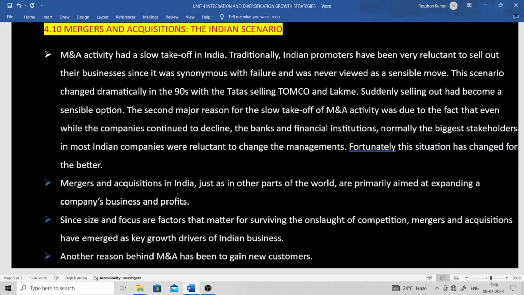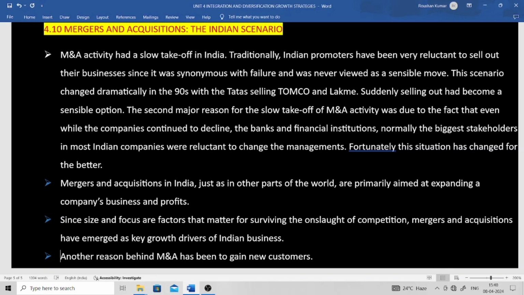The second major reason for the slow takeoff of mergers and acquisition was that even while the companies continued to decline, the banks and financial institutions, normally the biggest stakeholders in most Indian companies, were reluctant to change the management. Fortunately, this situation has changed for the better.